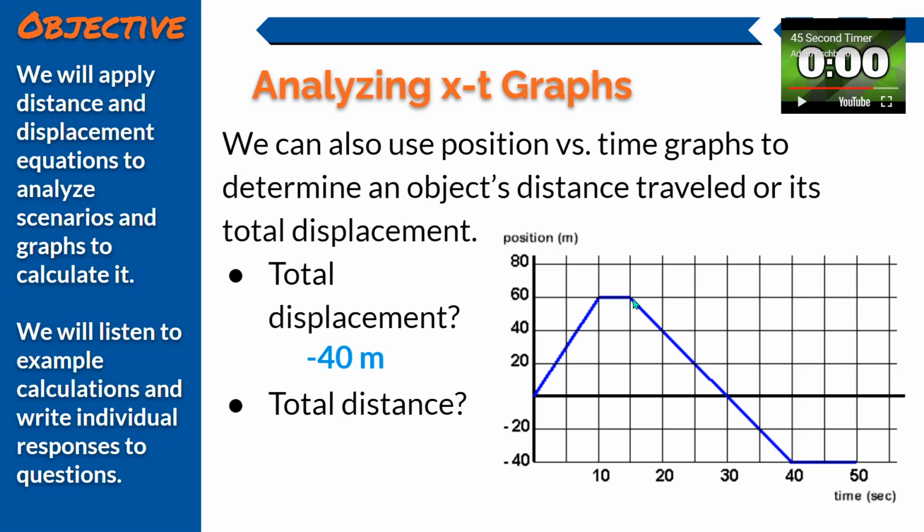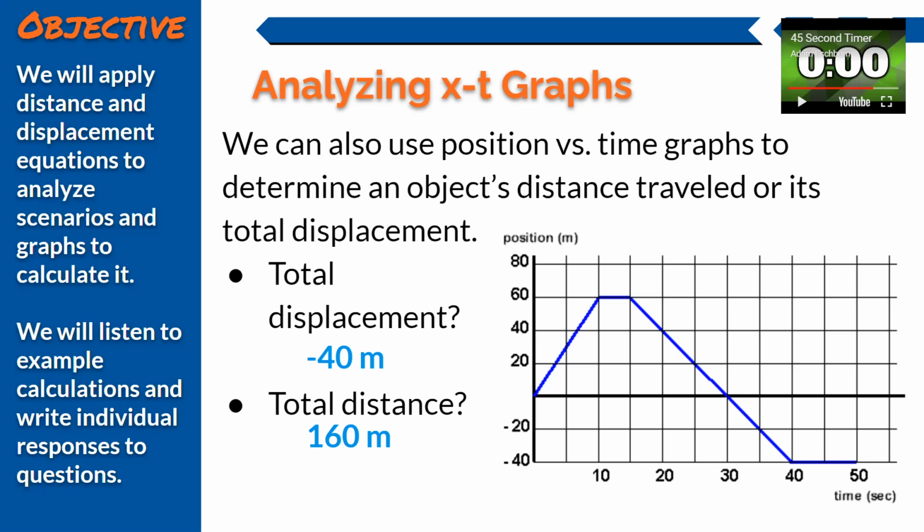And then from 60 back to 0, if you want to stop there, sure, 120. And then from 0 to 40, so add 40 more to that. So 120 plus 40, 160. Okay, do I care that I went forward or backward? No, I'm just going to add everything together. 160 meters would be your total distance.